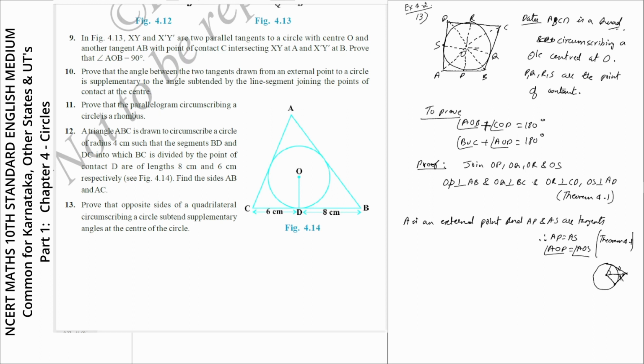That means this angle will be equal to this angle.